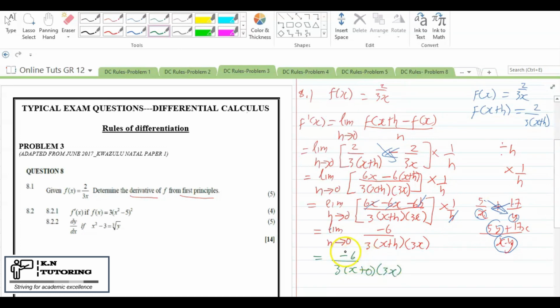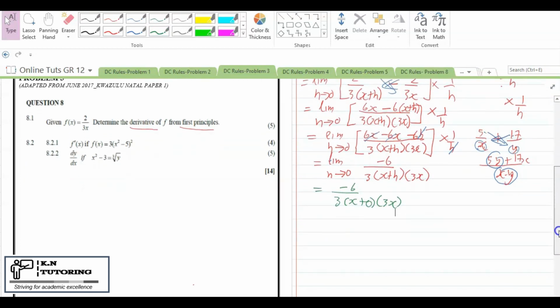Now I use a different color to show that I'm substituting h as 0. Let me extend my page. Also I didn't write my limit as h approaches 0, so this is where you stop writing your limit as h approaches 0.